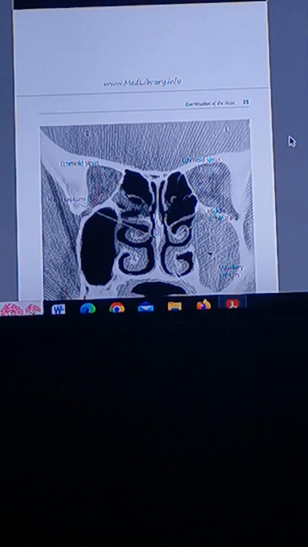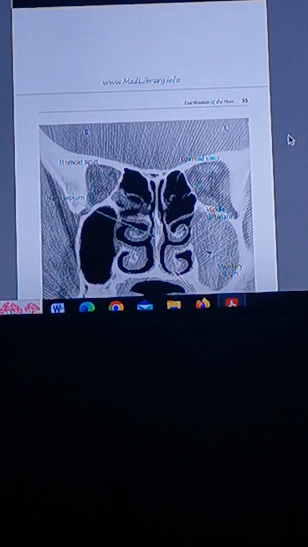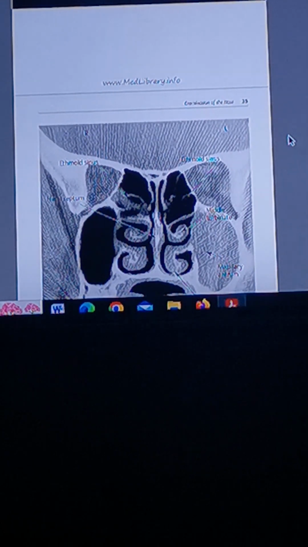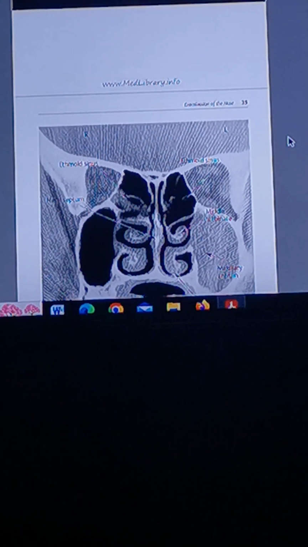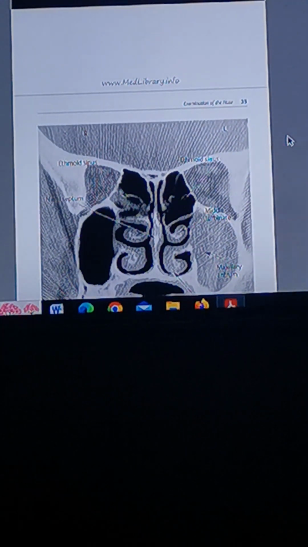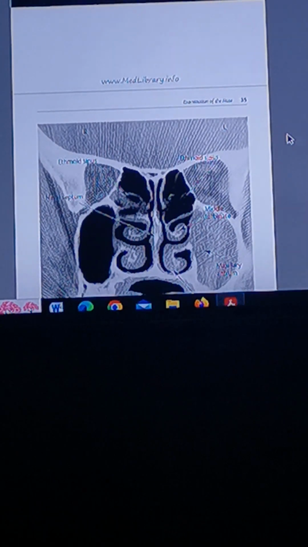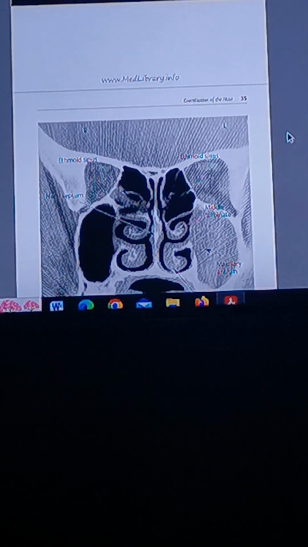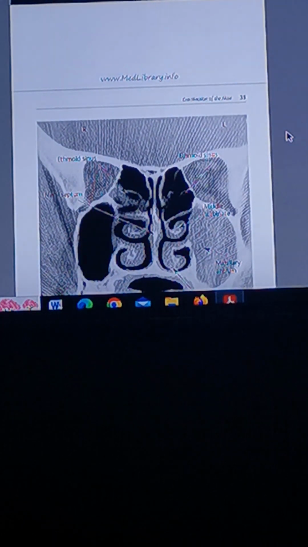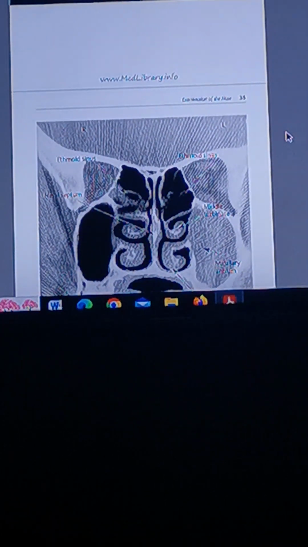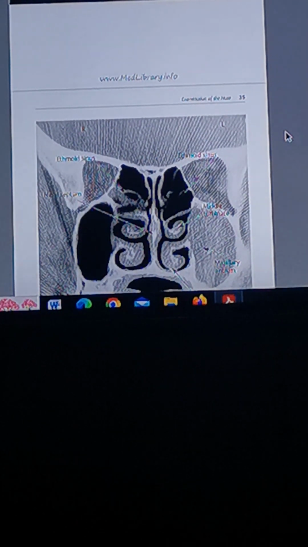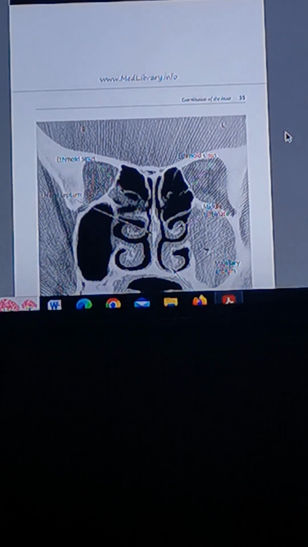You know, CT scan is a process of different cuts or sections, and there is a time between each one, and there is also a distance between each one. So you have different cuts for the same organ.